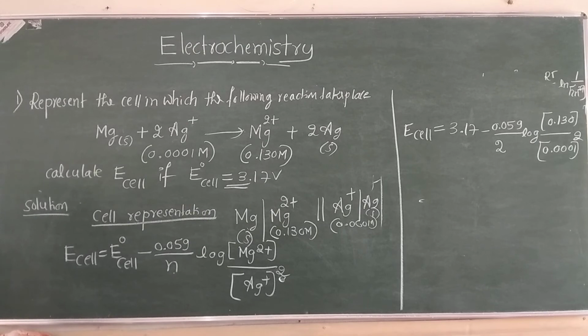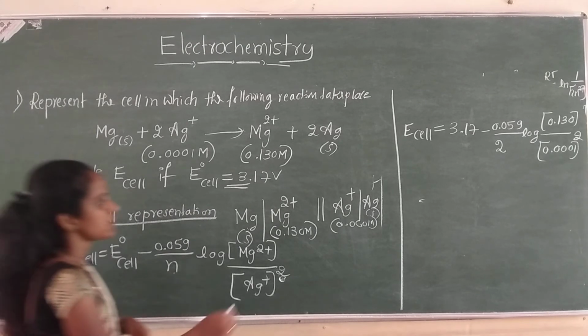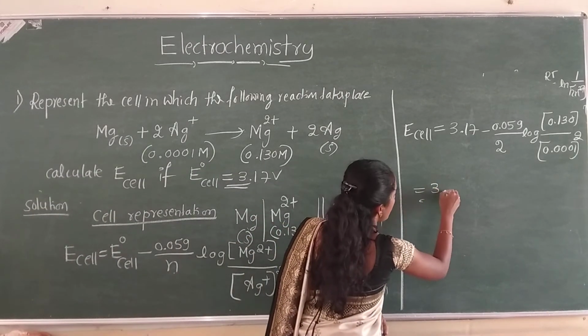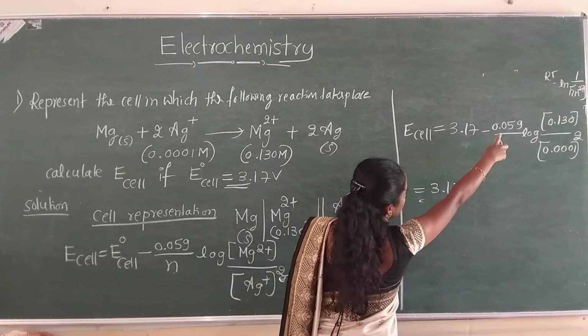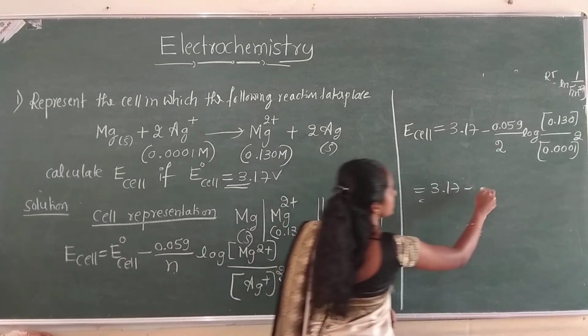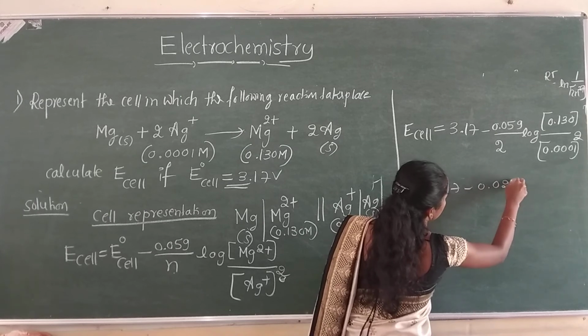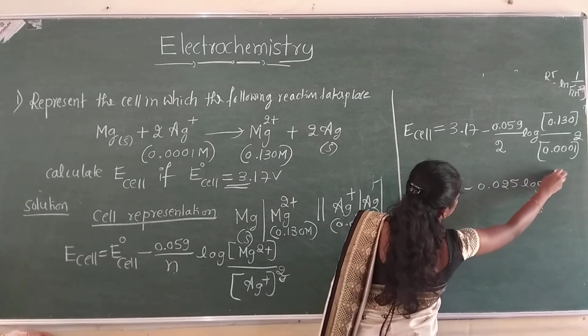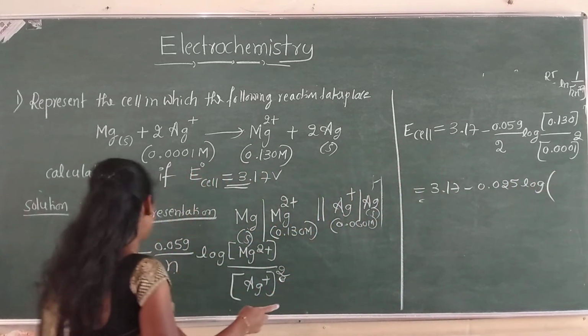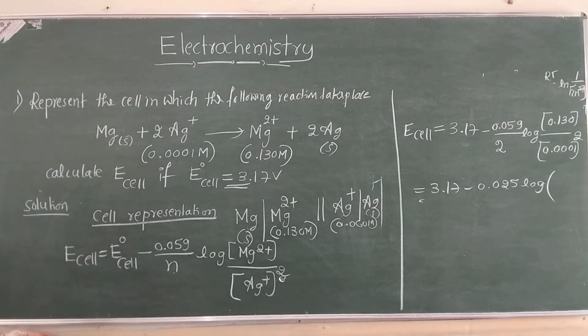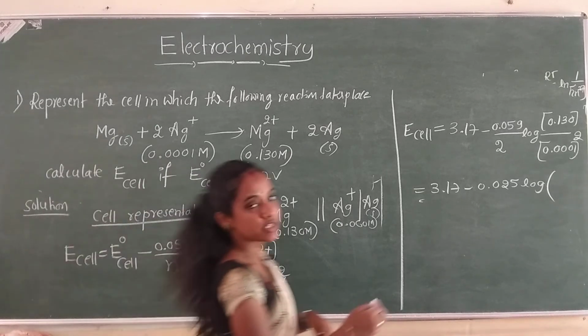So, which is equal to 3.17 minus 0.059 divided by 2, it is 0.0295, log 0.130 divided by, what is the value? Log 13 into 10 to the power 6.